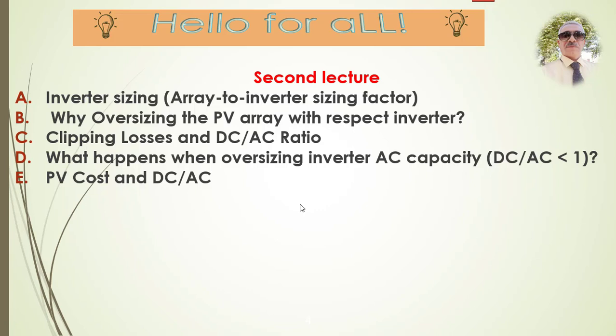We will discuss what happens when oversizing the inverter AC capacity, or when DC to AC is less than 1. And also we will discuss photovoltaic cost and its relation with the DC to AC ratio.